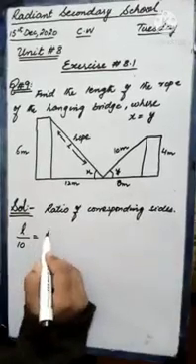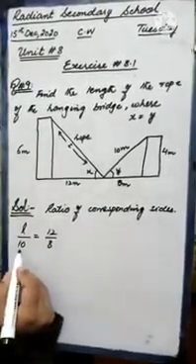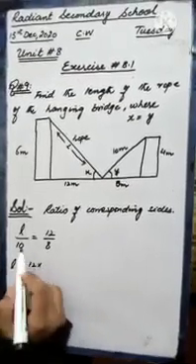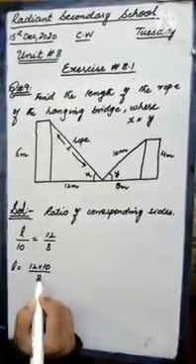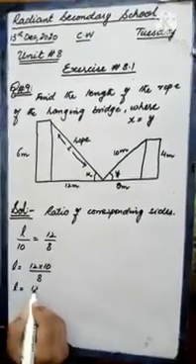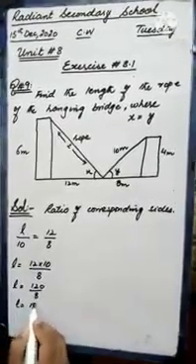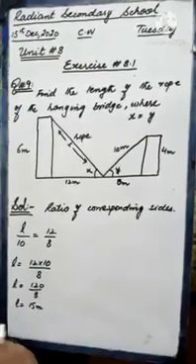So we will write is equal to 12 divided by 8. As 10 is dividing here, on the other side it will be multiplied. Now L is equal to 120 by 8, which is equal to 15. And according to the question, the unit will be in meters.